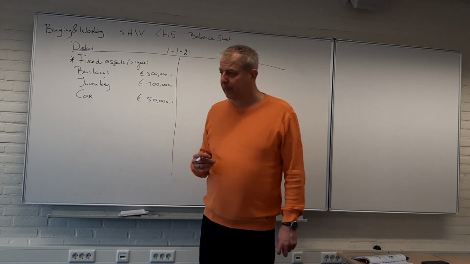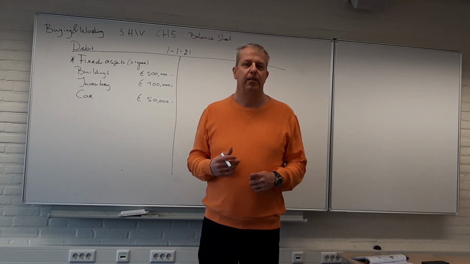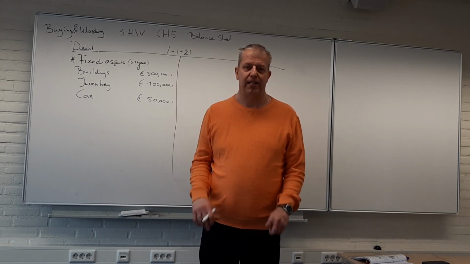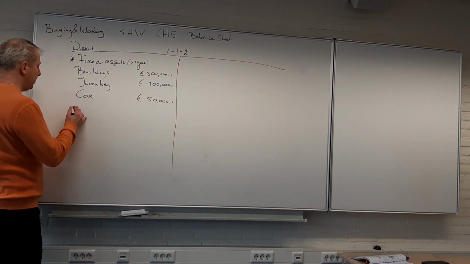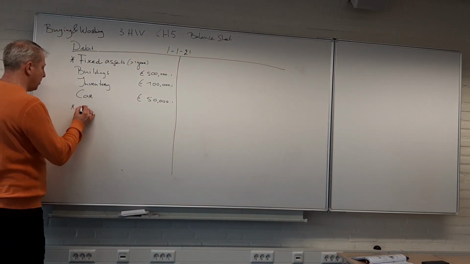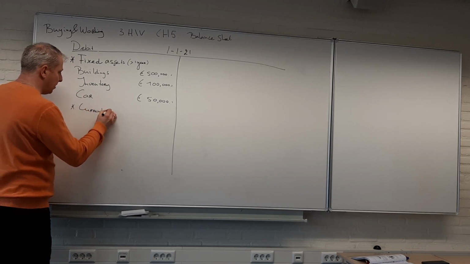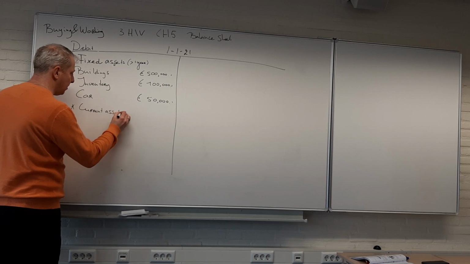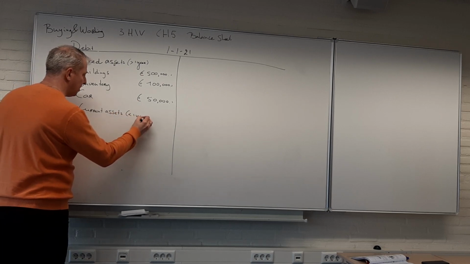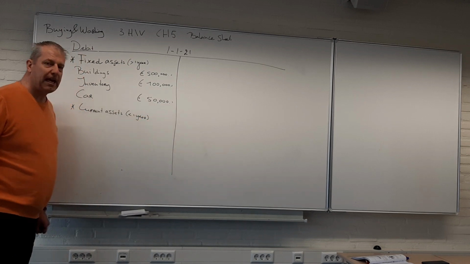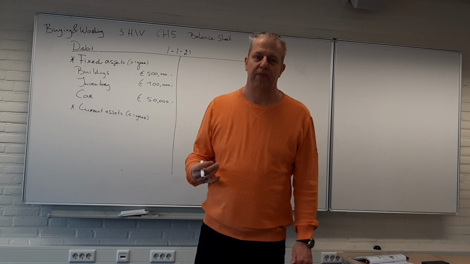Well, you also have belongings which are supposed to be in your company for less than a year. So for example, the things that you sell, we call those current assets. And your current assets are your belongings that are supposed to be in your company for less than a year.